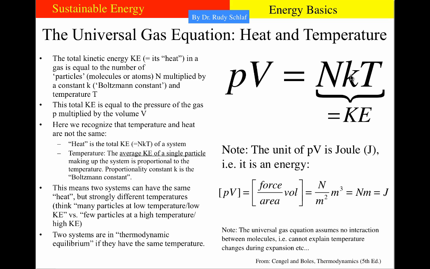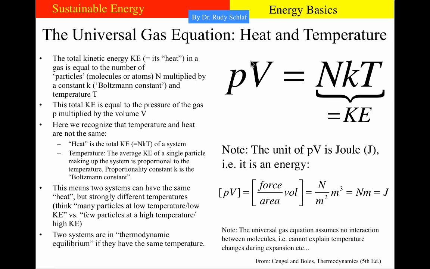Multiplying it with the Boltzmann constant transforms the temperature into an energy, and then we multiply with the number of particles, and we have the total energy that is in that ensemble of particles. Now this is equal to pressure times volume of this bunch of particles.